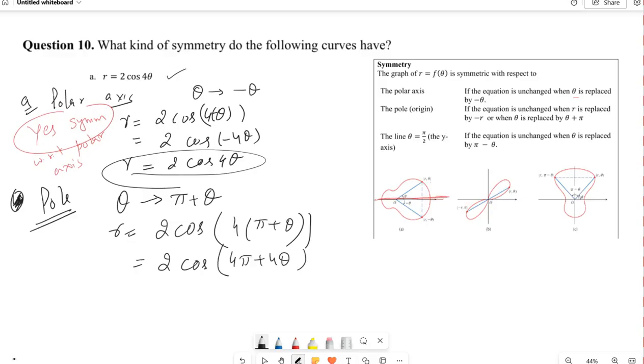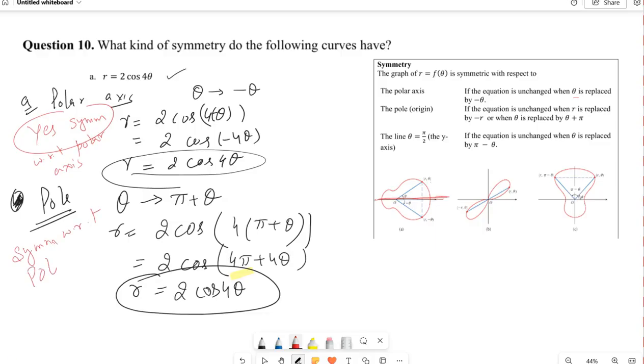So basically what's happening is cosine is periodic with 2 pi, right? You are adding a multiple of 2 pi. This is 2 times 2 pi, so taking 2 revolutions and coming back. And that is the same as 2 cosine 4 theta. And that gives you back the same equation. Therefore, we have symmetry with respect to the pole also. That is also available to us.